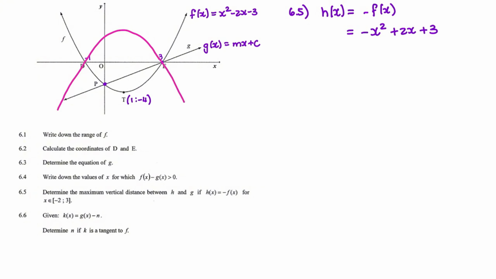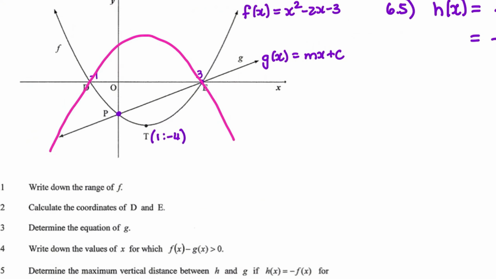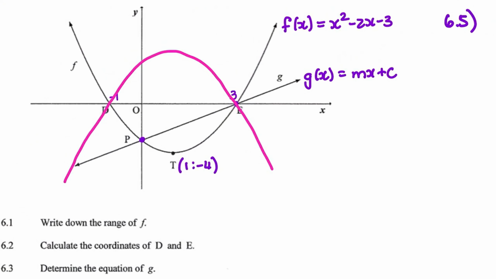The question says, determine the maximum vertical distance between h(x) and g(x). Can you see in our graph, if I draw in a rough sketch of h, we're trying to find the maximum vertical distance between h and g, the straight line.